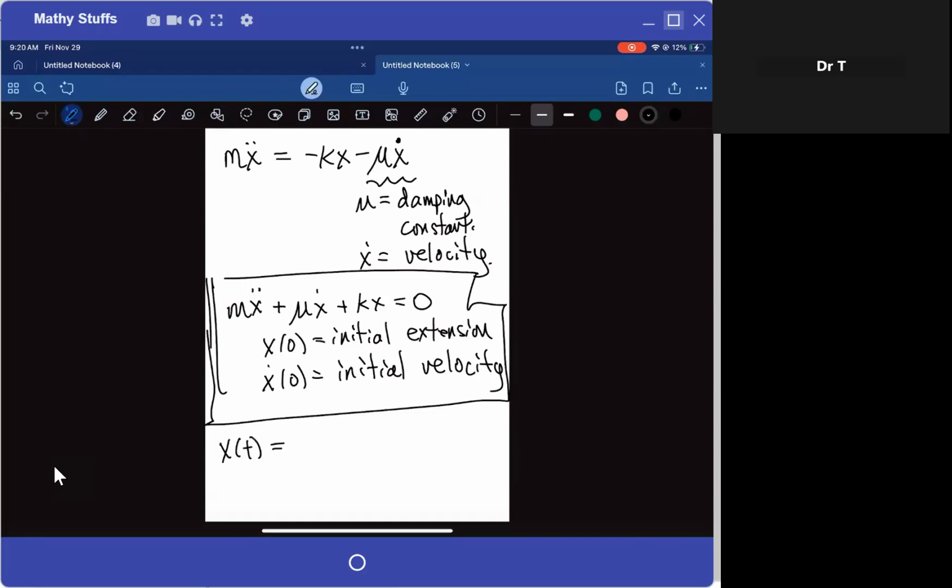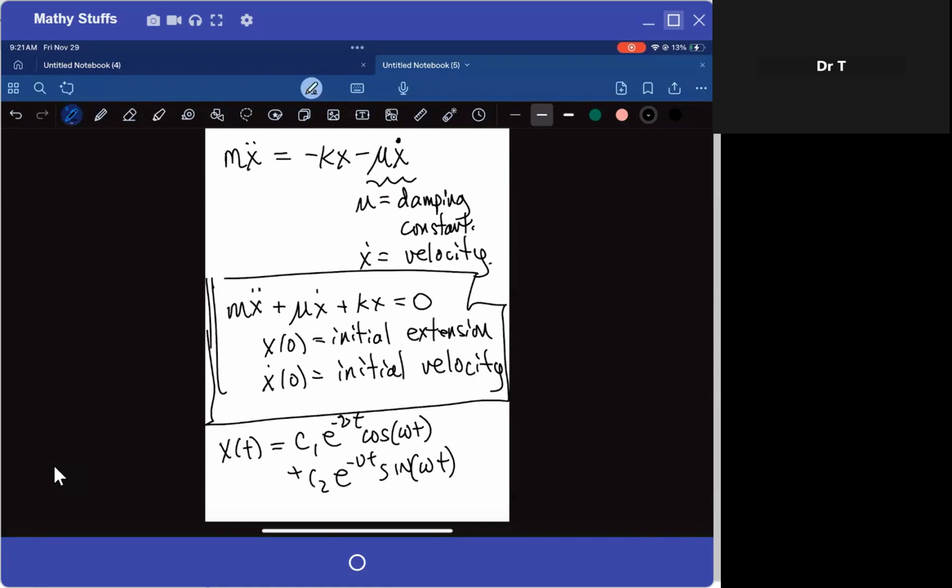We'd have some arbitrary constant times e to the negative nu t, cosine of some frequency term omega t, plus c2 e to the negative nu t sine of omega t. I don't quite know the exact relationship between that K and the mu, and I don't want to use K because there's a K up there, so let's pick a Greek letter, nu.